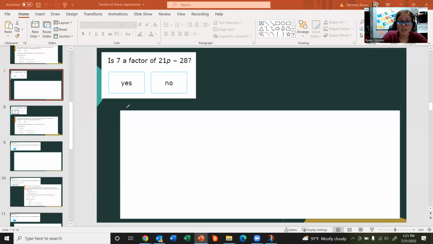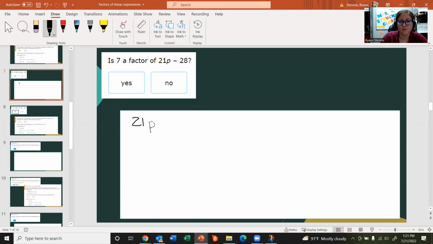We're going to take each of these terms, 21p minus 28, and try to divide both of these numbers by 7 and see if we can.